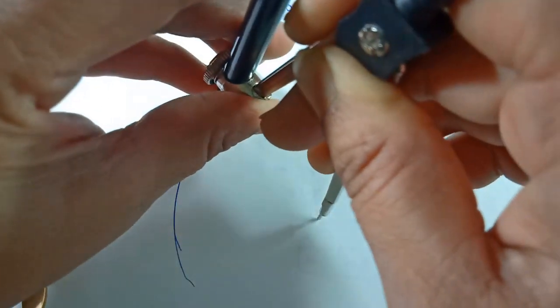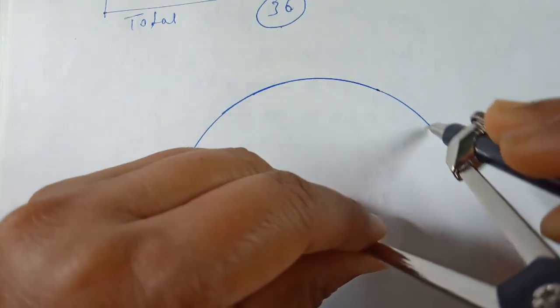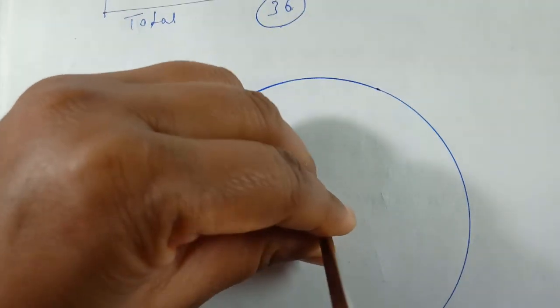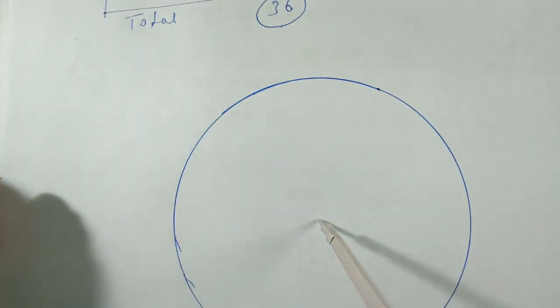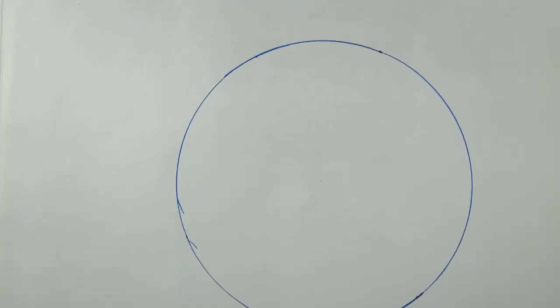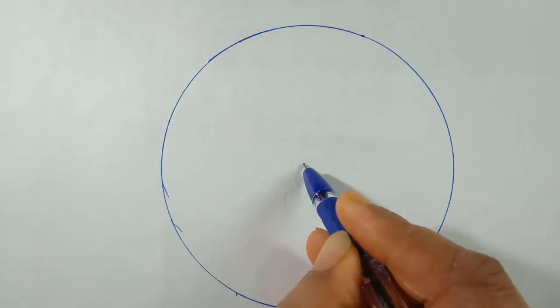First we draw a circle, then we divide the central angle of the circle according to the angles so formed. So this is the circle. Now let us mark its center point.